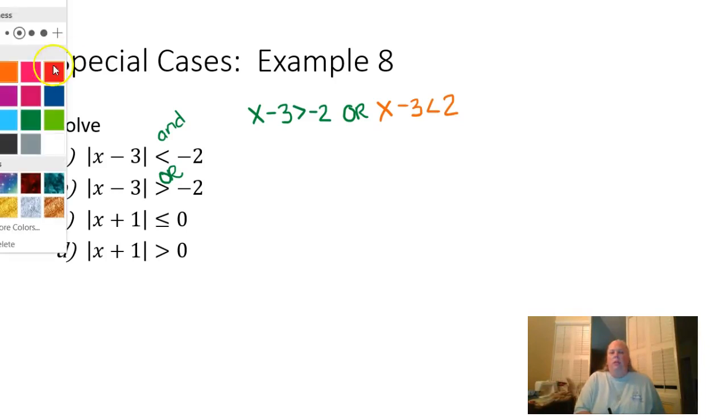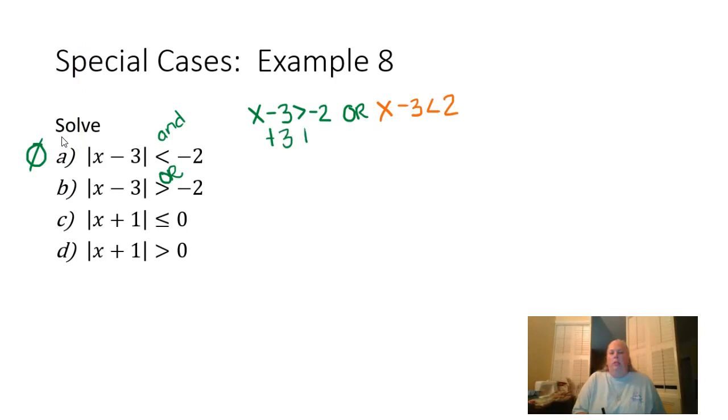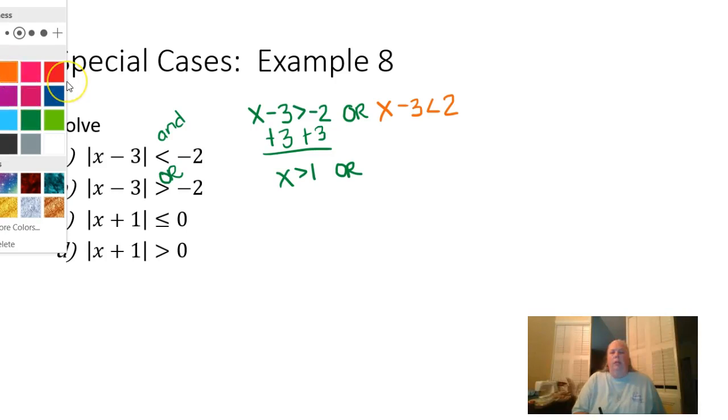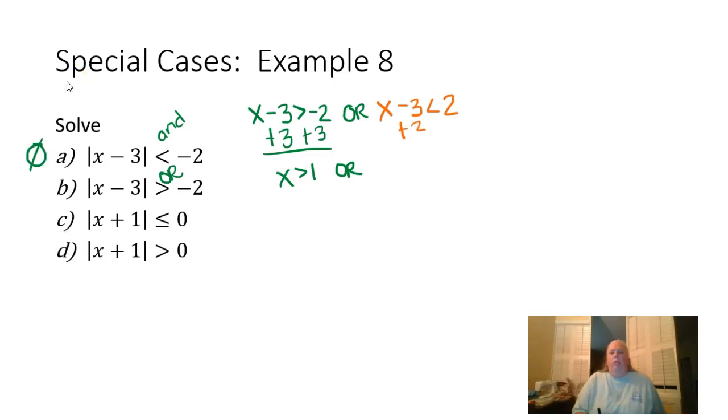To solve these, in the first one, I will add 3 to both sides. We have x is greater than positive 1. And on the other side, I will add 3. We will have x is less than positive 5.